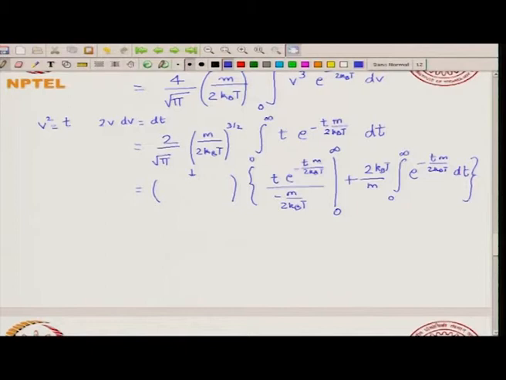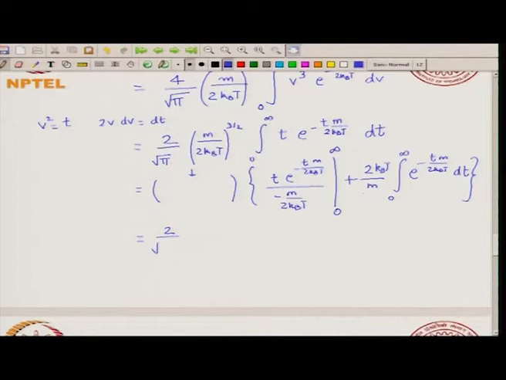So, this term is equal to 0. The second term will just have this times this integral. So, the factor of 2 kBT by m times e to the minus t m by 2 kBT, you can easily do this integral, and what that will do is give you an additional factor of 2 kBT by m.